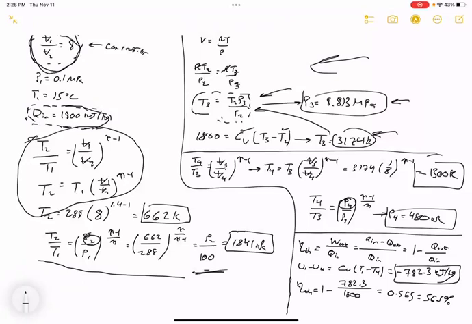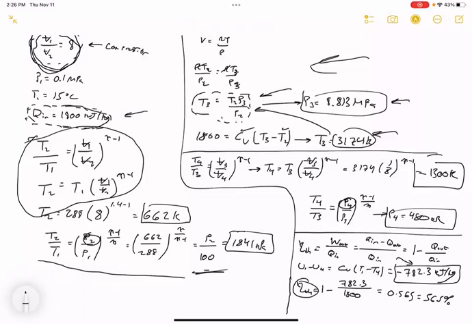You will see that the bigger the compression ratio you have, the better the thermal efficiency. So if you're designing this kind of system, you want to try to make as high a compression ratio as you can, and that will increase your thermal efficiency, and it'll decrease the amount of heat that's wasted, and it'll increase the amount of power you get for a given heat input.